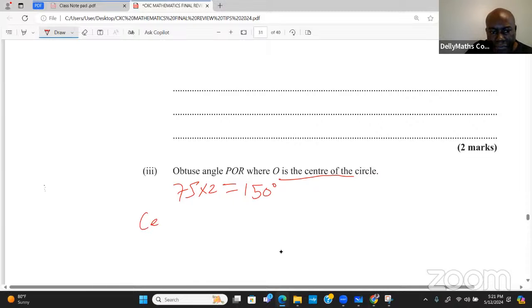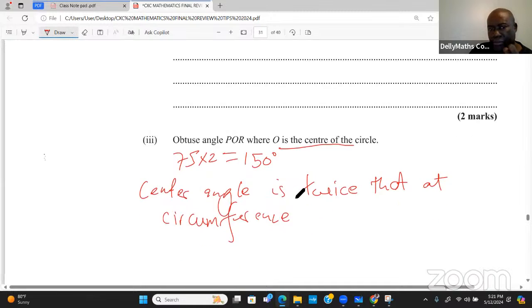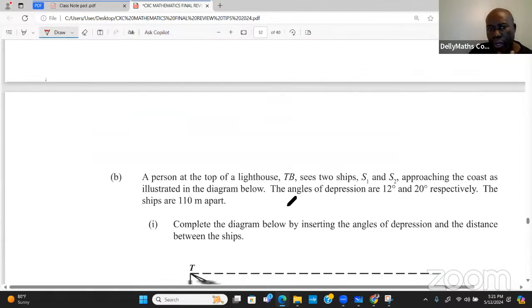And I'll say center angle is twice that at the circumference. I'm just dropping this as a summary because I just said it, providing they're standing on the same endpoints of the arc. That's the context for it. So it's 150 and we keep going.